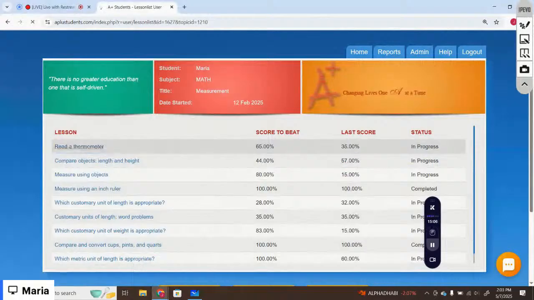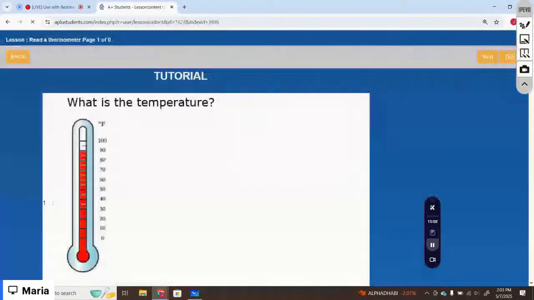So why do we use a thermometer? The first thing we need to learn is why we use a thermometer. Any idea? Basically, a thermometer is a tool, right? And it's used to measure the temperature of solids, liquids, or gases.